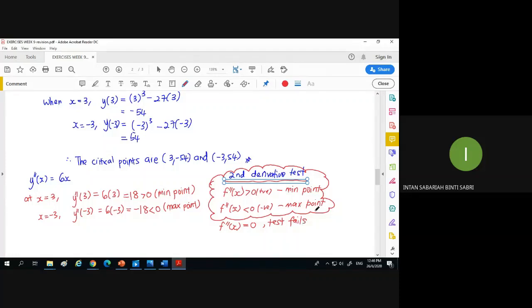Okay, tak ada cara lain. Kita hanya ada 2 cara saja. Sama ada first derivative ataupun second derivative test. Tapi kalau you dapat second derivative test, awak masukkan nilai critical value dapat 0, maksudnya test fail, then you have to use first derivative test. Okay? Boleh?